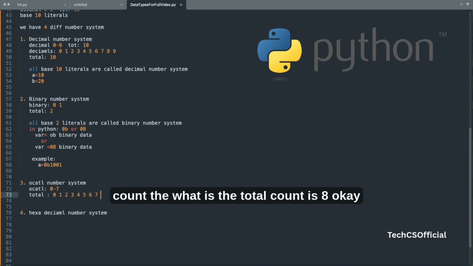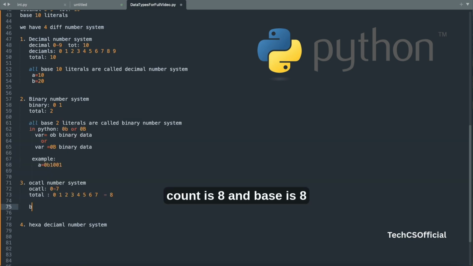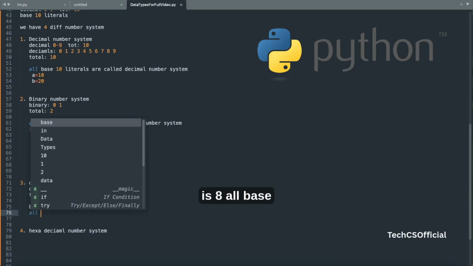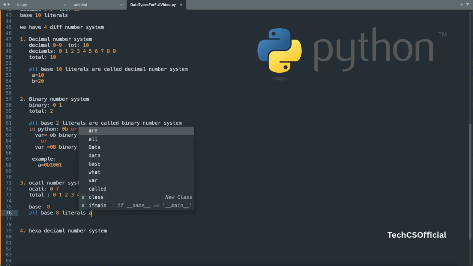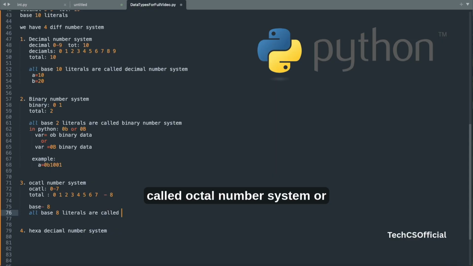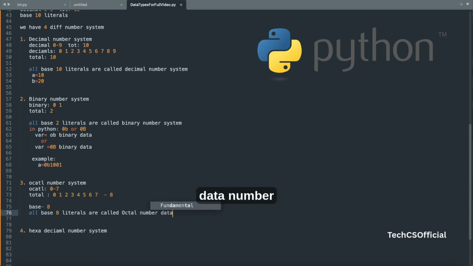You can count, the total count is 8 and base is 8. All base 8 literals are called octal number system or octal data.